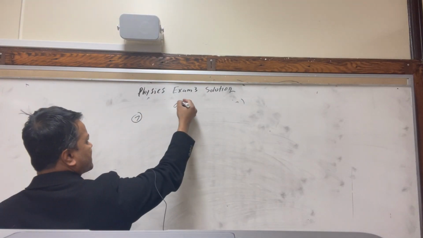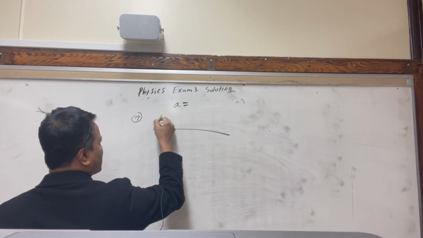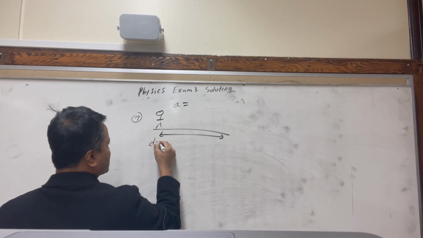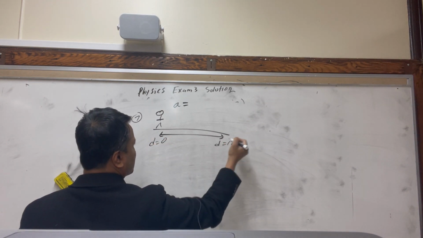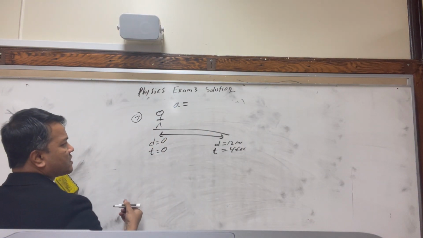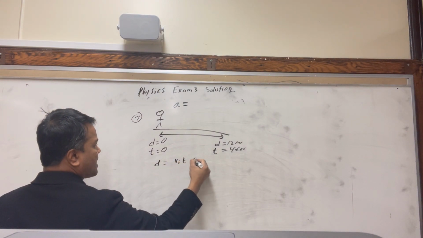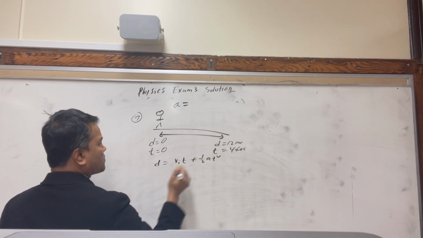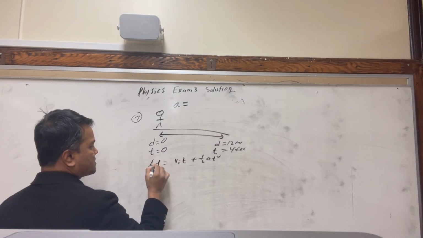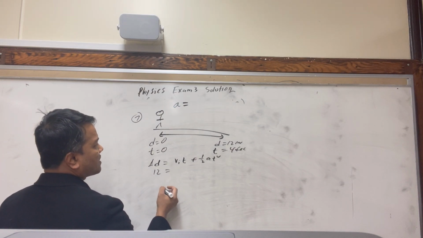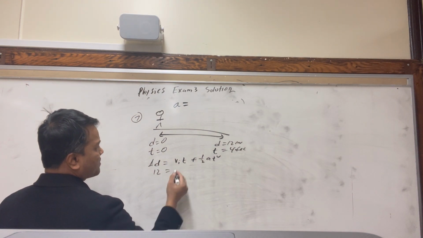And the acceleration, so what would be the acceleration when a runner runs 12 meters? So the distance is 0 at t equal to 0 seconds, and the distance is 12 meters at t equal to 4 seconds. So what would be the acceleration? We can find it with d is equal to Vit plus half at squared. Now d is 12 because this is the change in d, and initial velocity is of course 0 because he started from rest.